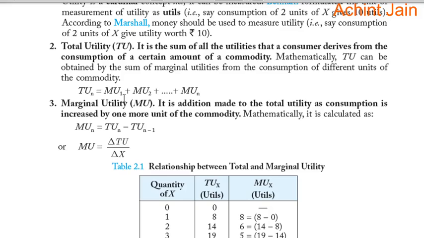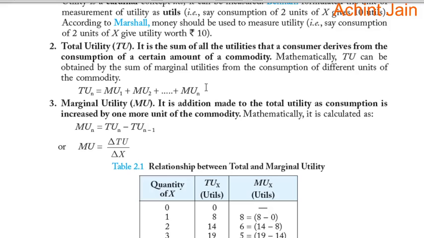Mathematically, the formula is TUn = MU1 + MU2 + ... + MUn, or simply, the summation of MU is the TU. For example, a consumer gets a satisfaction of 30, 20 and 50 utils from consuming 3 ice creams respectively. Then the total utility of the consumer is 30 + 20 + 50, that is what?